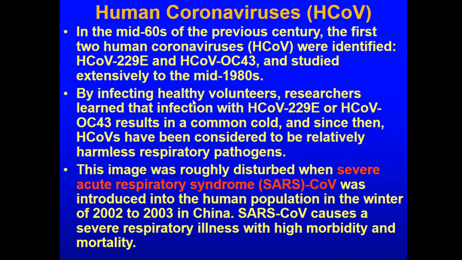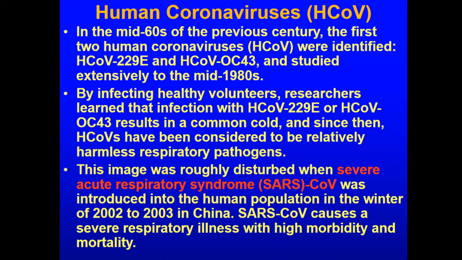Since the mid-1980s, human coronaviruses had been considered relatively harmless. Can you imagine? They were considered very mild respiratory and GIT pathogens, so we didn't really pay much attention to them at all.